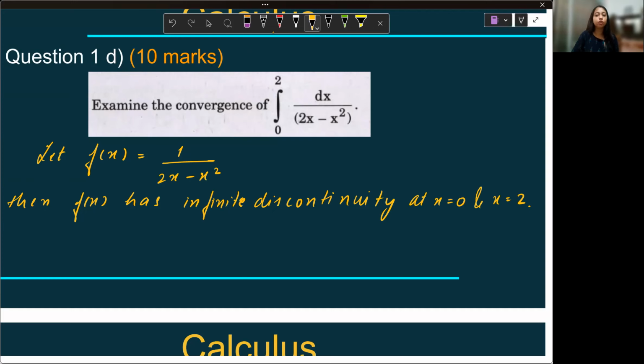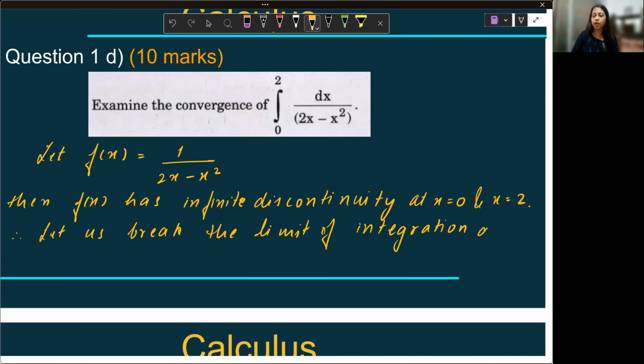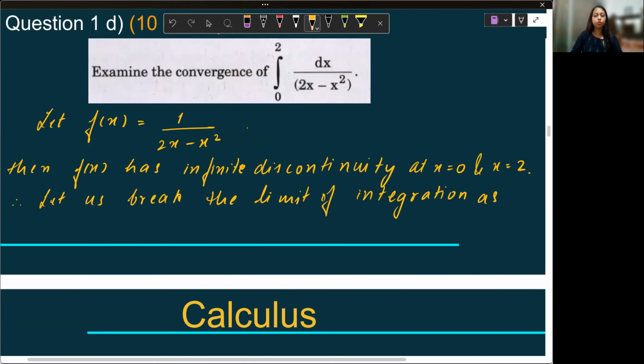Let me split the limits of integration from 0 to 1 and 1 to 2. So let us break the limit of integration as this. Right now it is from 0 to 2, f(x) dx.